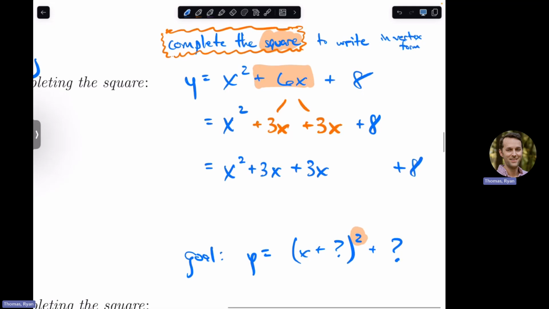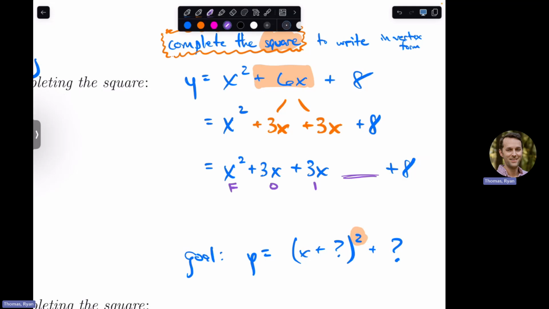So what I'm going to do is kind of ignore the 8 for now, push it off to the side and leave some space here. I want to treat those, x squared plus 3x plus 3x, as though they are three-fourths of an expansion like this, right? So basically x squared plus 5x plus 5x. I'm saying it's that part of the expansion.